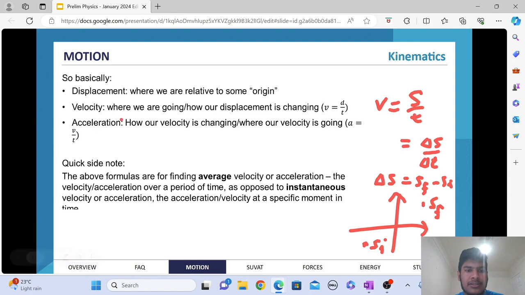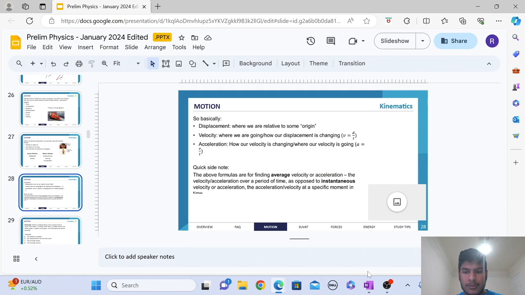Acceleration is how our velocity is changing. So acceleration is the rate of change in the velocity: acceleration equals the change in velocity over the change in time. Here's a quick example. Maybe I'll open up OneNote to give us a bit more space.